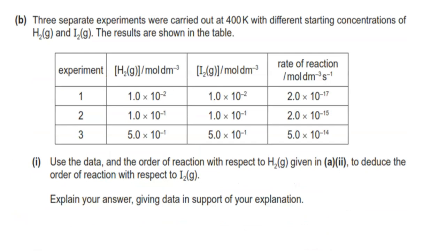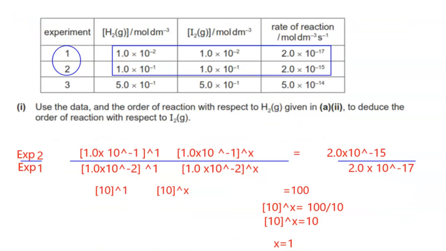Now the table is provided and you need to find the order of reaction with respect to iodine. So in this question, you are already provided the order of reaction with respect to hydrogen. So you can take any experiment. I have chosen experiment number 1 and 2, and this is the simple way to find: experiment 2 divided by experiment number 1.